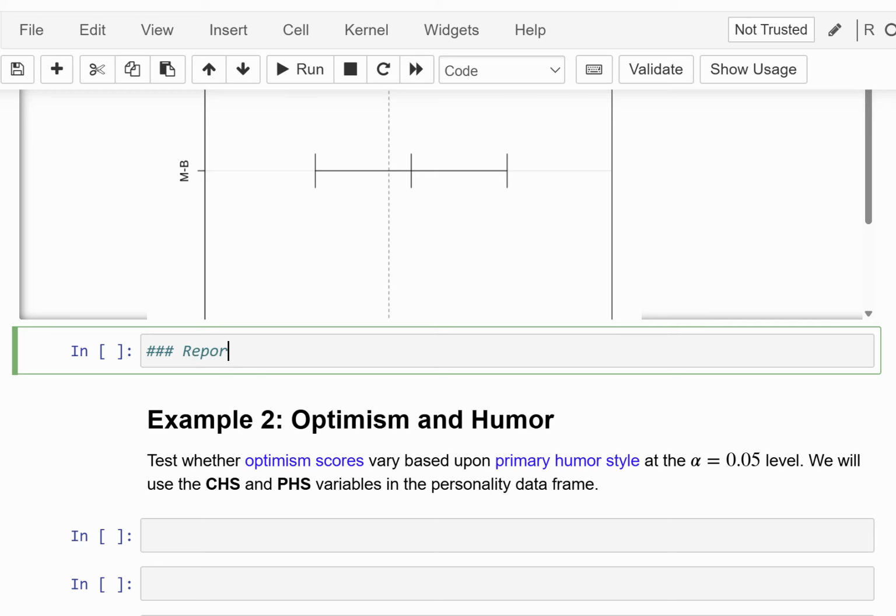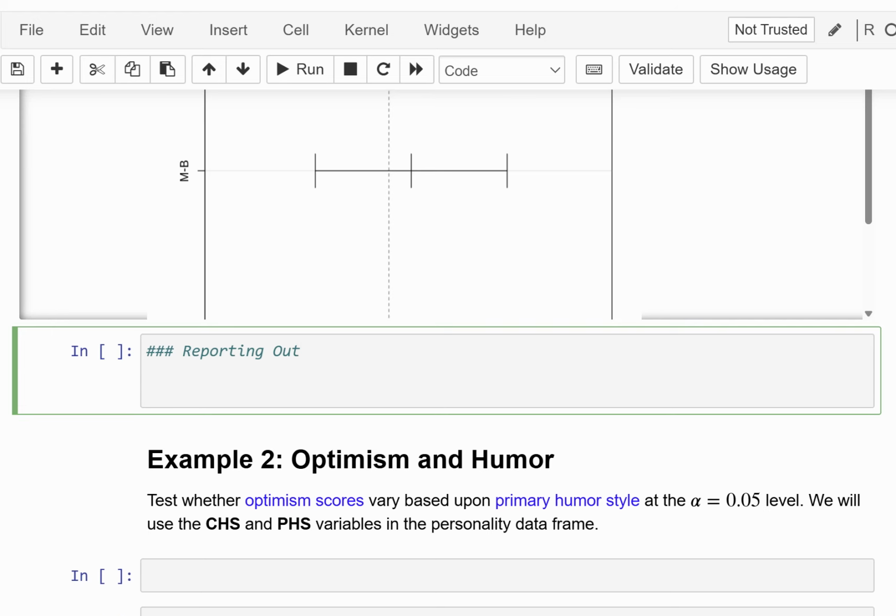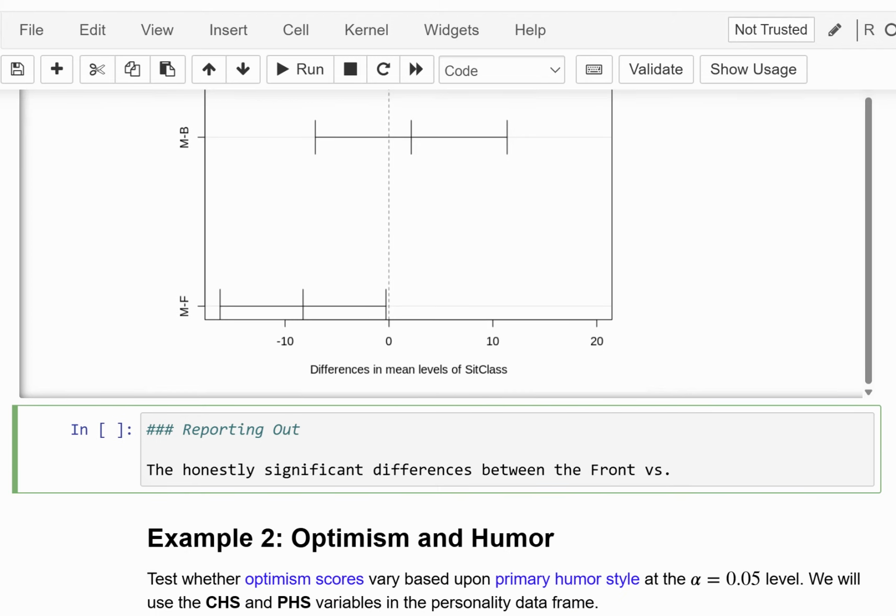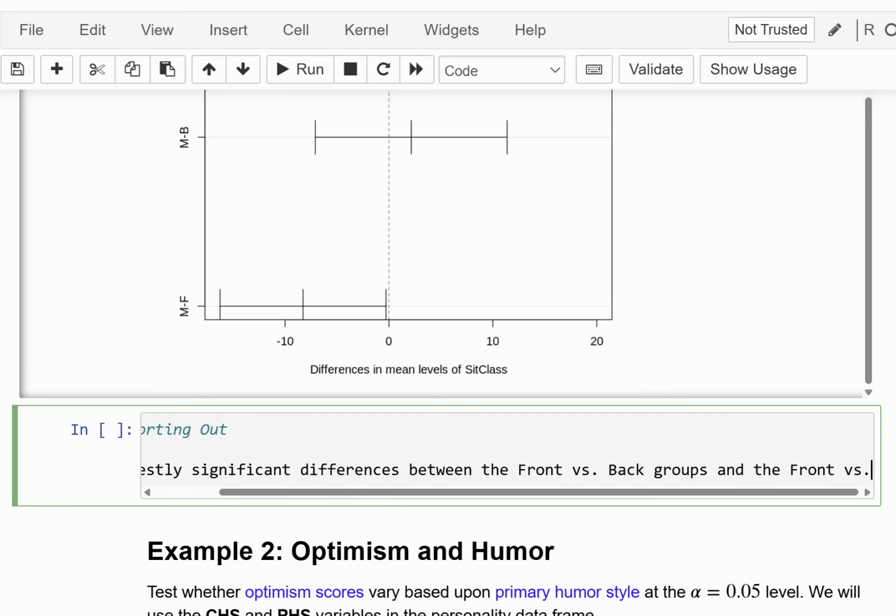Let's just say that our reporting out is that the significant differences are between the front versus back groups and the front versus middle group.